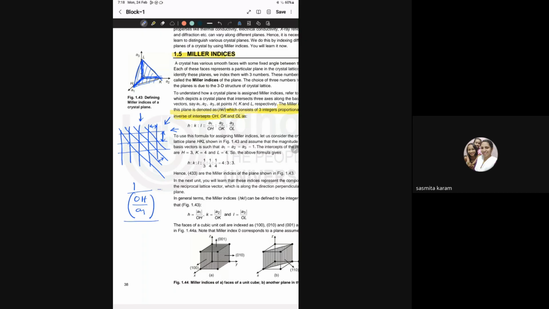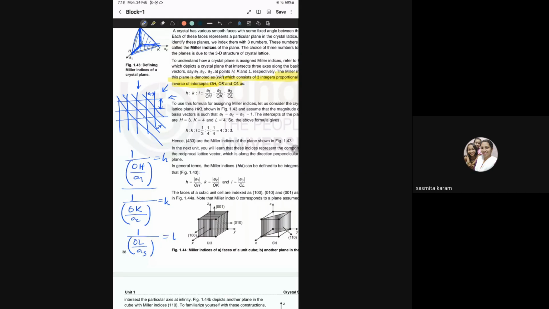This is equal to small h. Similarly, 1 by (OK by A2) will be equal to small k. And 1 by (OL by A3) is equal to small l.